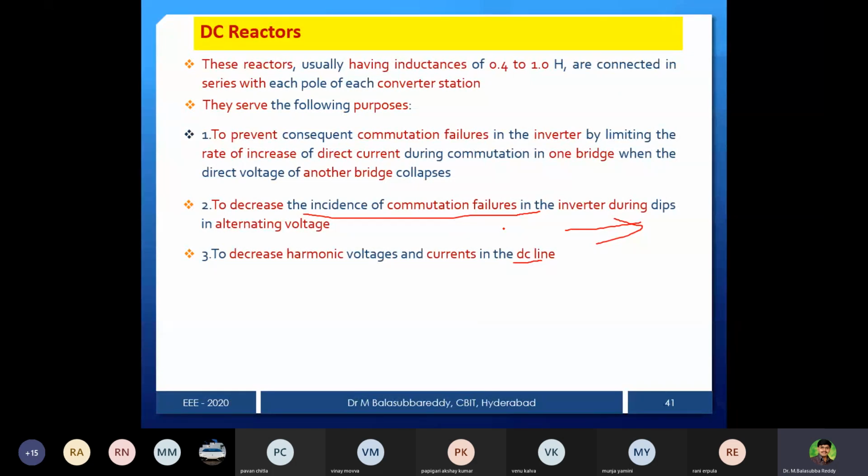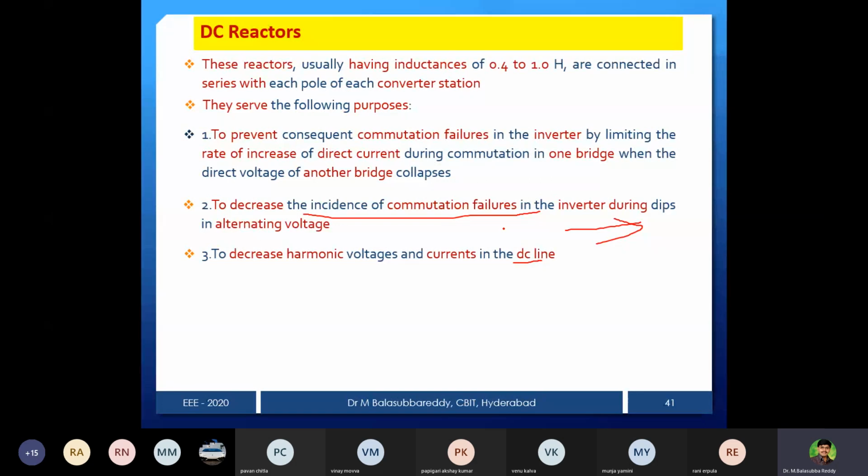Anyhow, after this there is one topic, harmonics and filters. There we will discuss elaborately what characteristic and non-characteristic harmonics are, and how to minimize harmonics by making use of a filter.